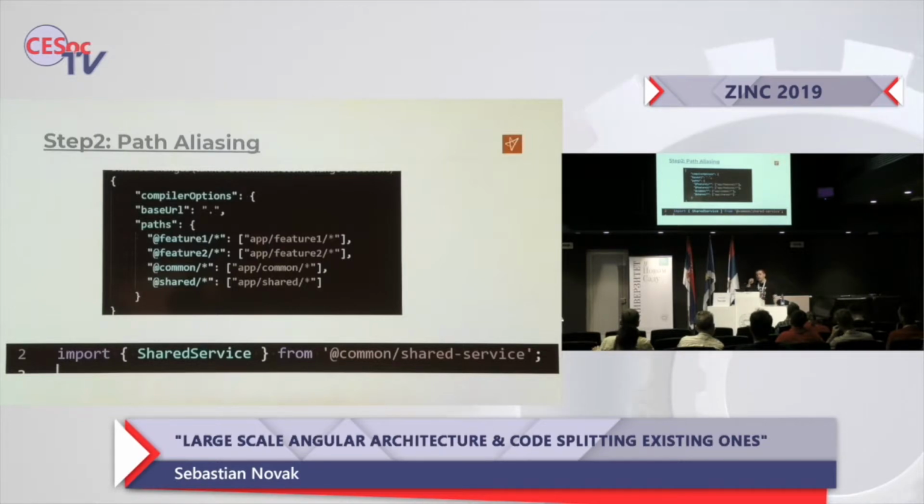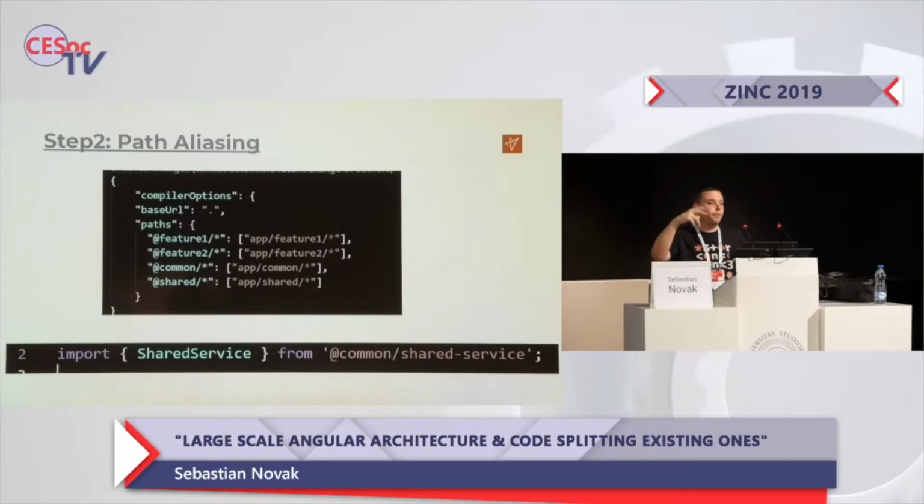And if you delete a folder from that structure, or move it, you'll have to rewrite all of the import paths. The solution and the prerequisite for further steps is to get rid of relative paths in your Angular application and replace them with path aliases.